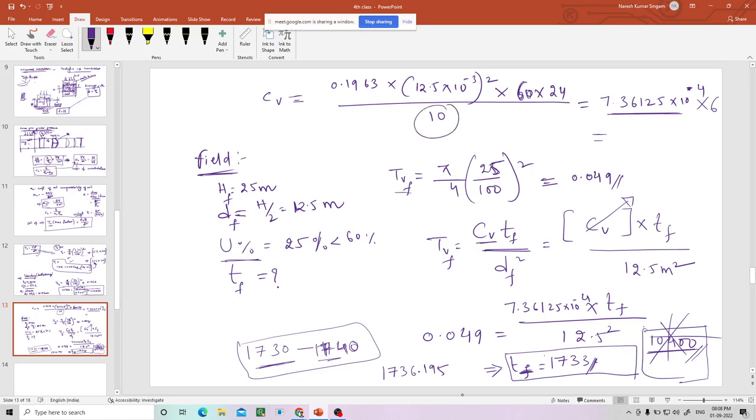This is the T. CV into T by D square equal to TV, capital TV, and this is the D. TV D square by CV will be T. Now this T is in minutes, 10 minutes. What did I do? I converted by including these two numerical values in this. So if I am using 60 multiplied by 24, the minute is converted to days. So the answer is 1733 days.